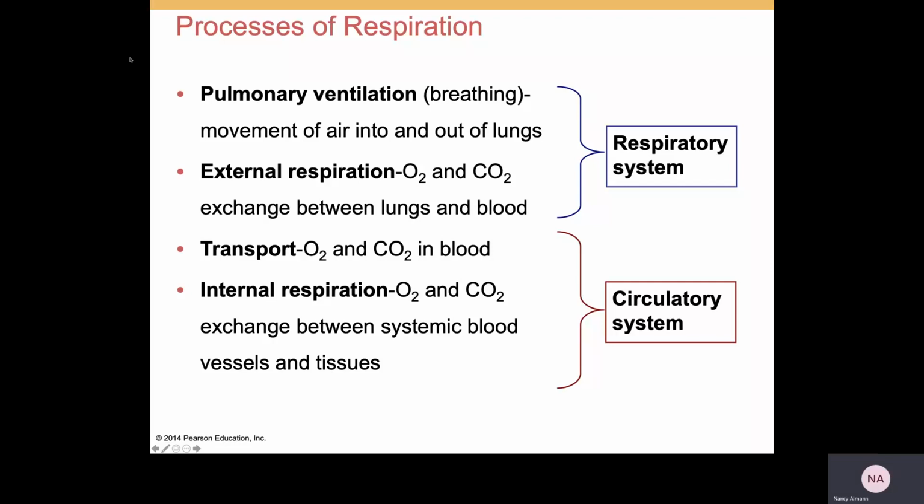When we talk about the respiratory system, we are specifically and only talking about pulmonary ventilation, breathing, and external respiration, which is the exchange of gases between blood and the lungs.